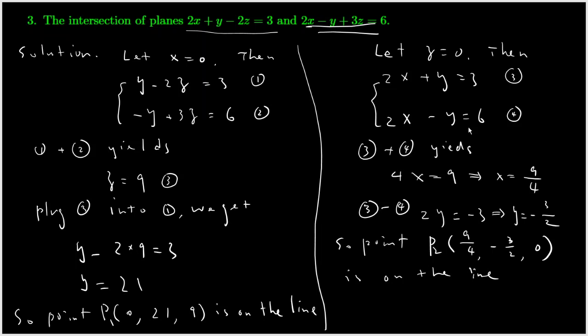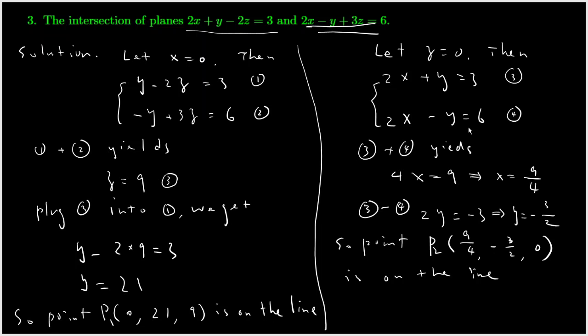It's on the line as well. Now we got 2 points, right? In the question, we are looking for the equation of a line. The equation has 2 forms, okay, a vector form. So can we concentrate on the vector form first?